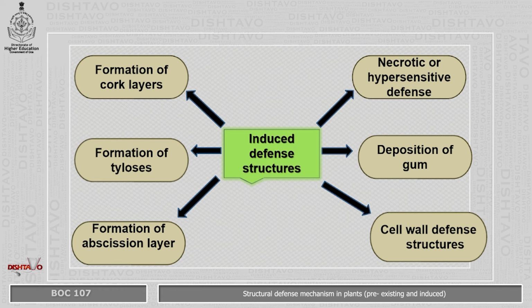Necrotic defense: when the pathogen enters into the cells of the host, the nucleus of the host will start protruding towards the invading pathogen. When this happens, resin-like granules will be formed in the cytoplasm, and these resin-like granules will cause necrosis and disintegrate the invading hyphae.